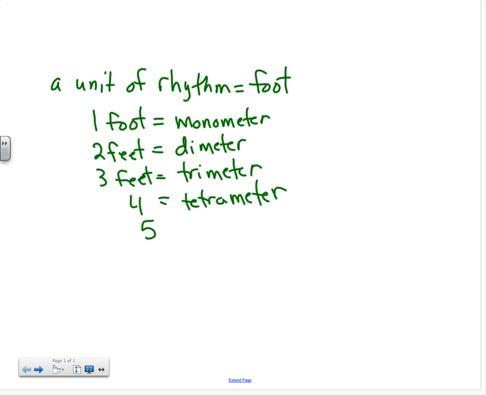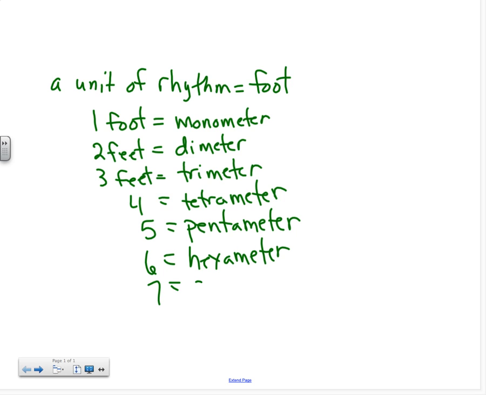The one for five is the one you might have heard of, especially if you studied this when you did Romeo and Juliet last year. It's called pentameter. Six feet is called hexameter. Seven feet is called septimeter. Those of you in French might recognize the word sept there.